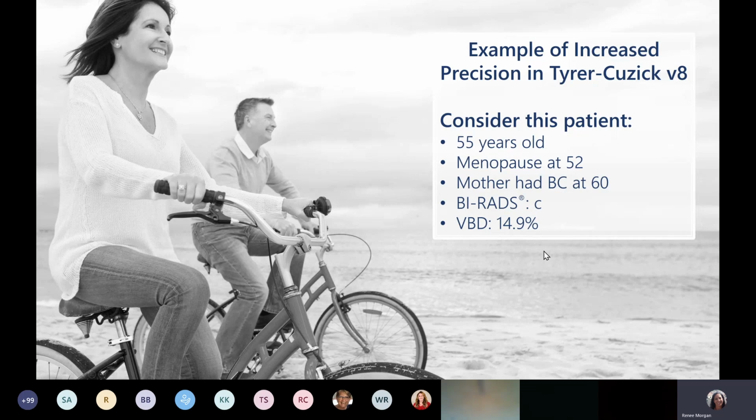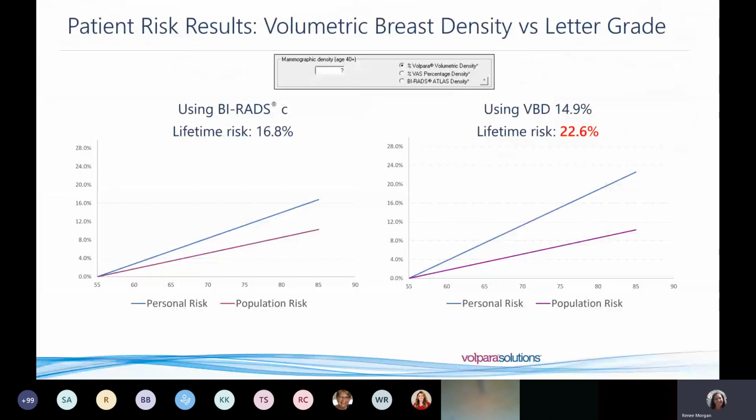And we're going to look at the patient with that high C, the volumetric breast density percent of 14.9. So looking at her and putting in the letter grade, that BI-RADS C, her lifetime risk would come out at 16.8.